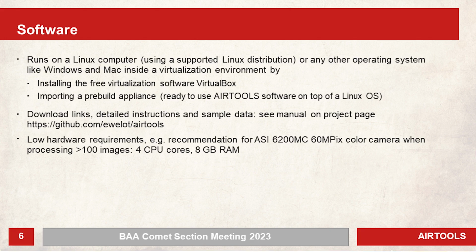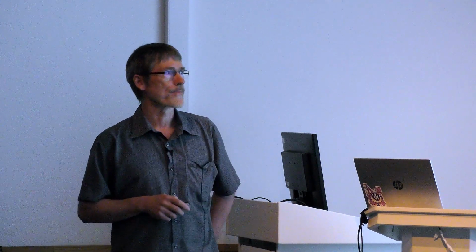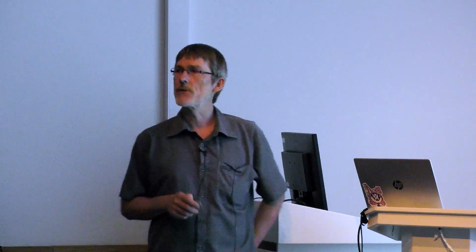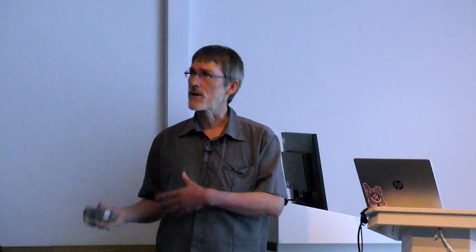For example, I'm using a 16 megapixel color camera, and when processing a few hundred images, it's sufficient to run this on 4 CPU cores, and it's fine if you have 8 gigabytes of memory. I forgot to mention one thing on this slide: you should have a really fast disk, because there are a lot of I/O operations due to the many temporary data files generated during the analysis.